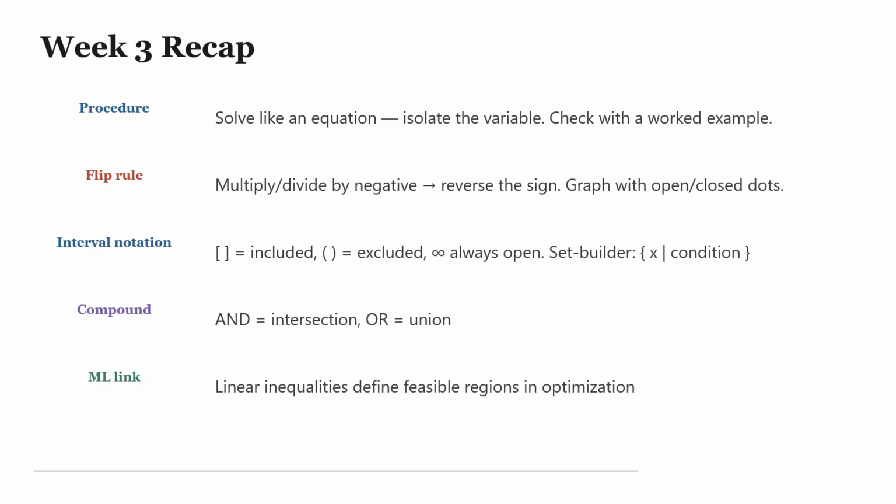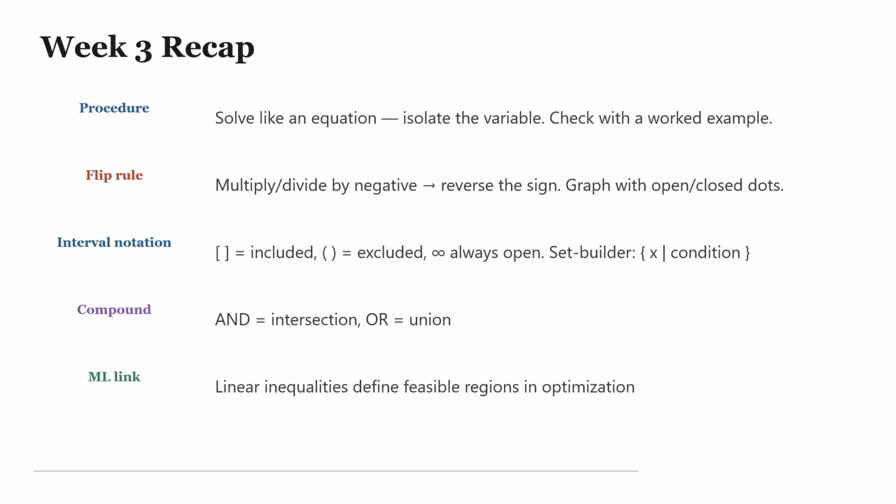Whenever you multiply or divide both sides by a negative number, reverse the inequality direction. We also covered how to graph solutions on a number line using open dots for strict inequalities and closed dots for inclusive ones. Watch out for the 3 most common mistakes: forgetting the flip, putting a bracket on infinity, and confusing open and closed dots.